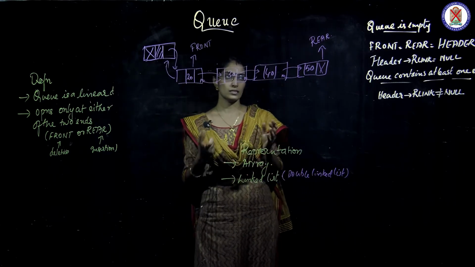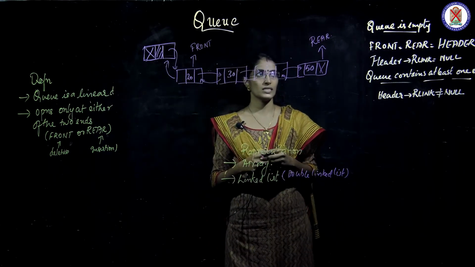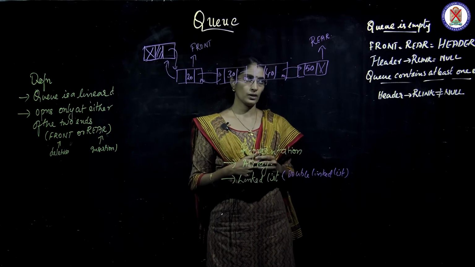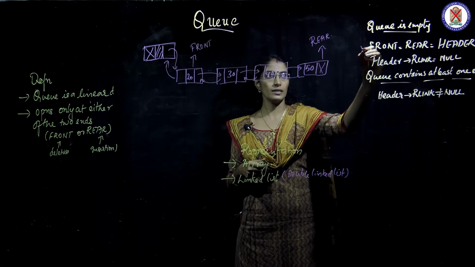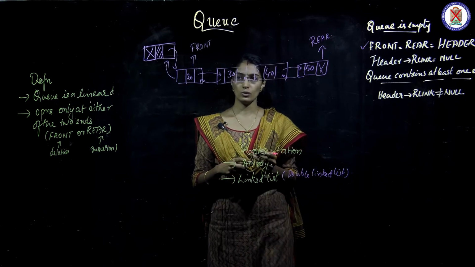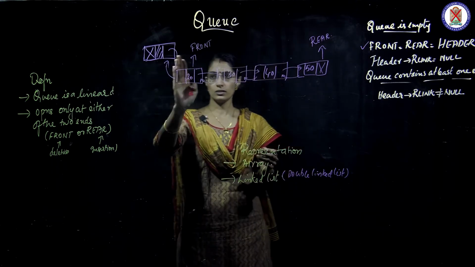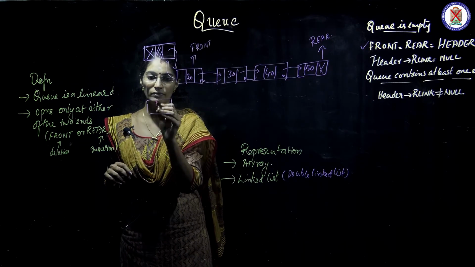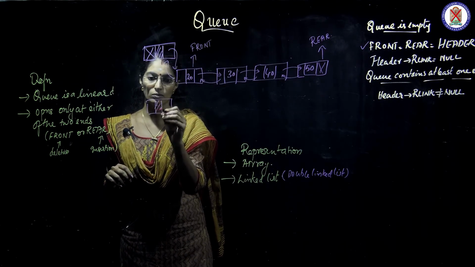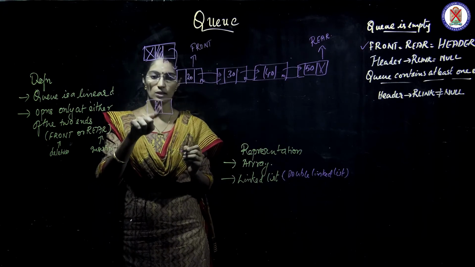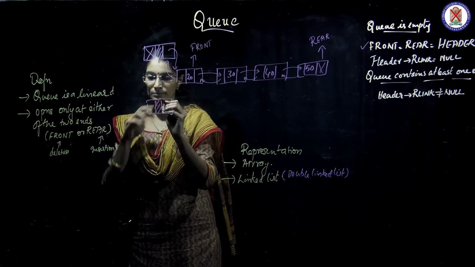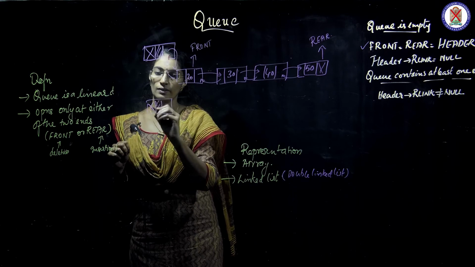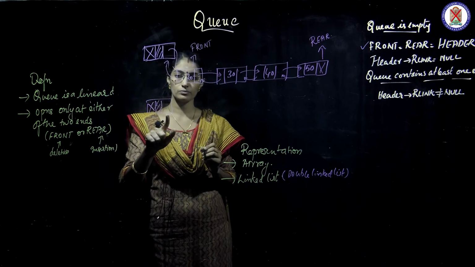Now let's see some of the conditions. When Q is empty, what are the conditions? The first condition is that front and rear are equal to the header. So if Q is empty, don't consider this portion. If Q is empty, you only have the header node, right? So let's cancel it. There is no data portion. Naturally, the left link is null.